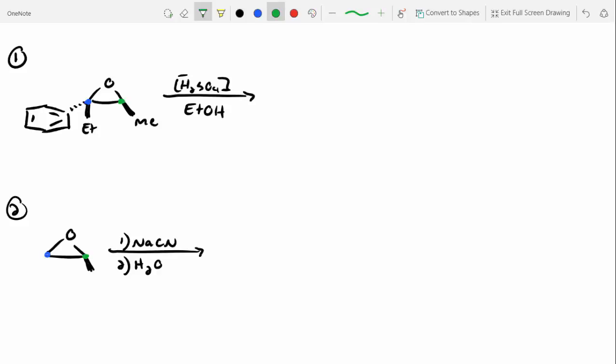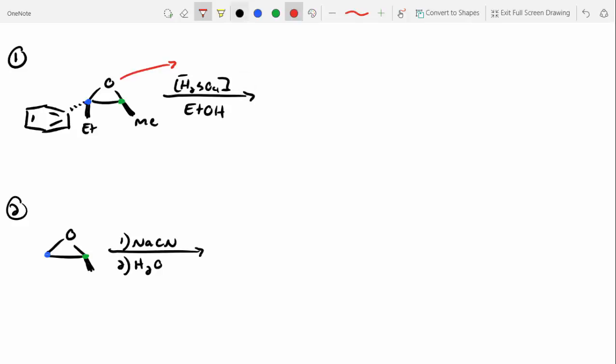All right, in the top one, if we look at problem number 1, we've got a blue carbon and we've got a green carbon. We've got acid around, so what carbon do you think the nucleophile is going to add onto? The blue one or the green one, and why? The blue one. Blue one, why? Tertiary. Anytime you see tertiary under acidic conditions, that's going to be the site of attack. So let's go through and draw this out.